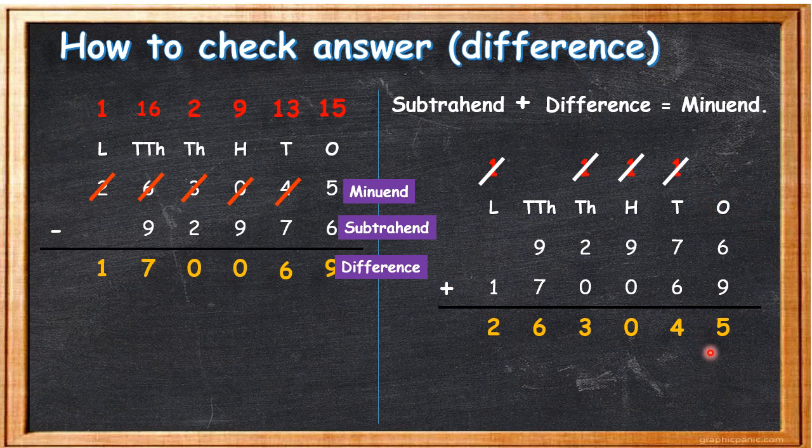So let's add the 1's column first. 6 plus 9 is what? 15. 5 I'll write in the 1's column and 1 I'll carry forward to the 10's column. Let's add the 10's column. 1 plus 7, 8. 8 plus 6, 14. 4 will be in the 10's column and 1 I'll carry forward to the 100's column.